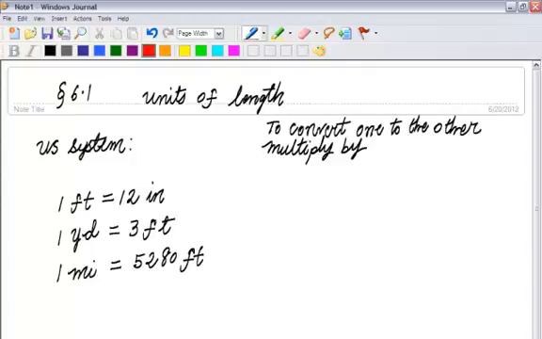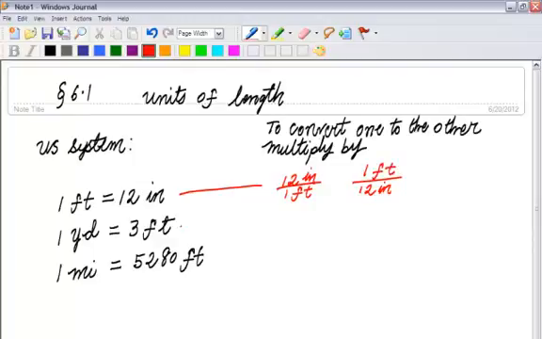Let's say I want to convert between feet and inches. If I am converting feet into inches, then I would be multiplying by 12 inches divided by 1 foot. But if I want to convert inches to feet, then I would be multiplying by 12 inches in the denominator and 1 foot in the numerator.